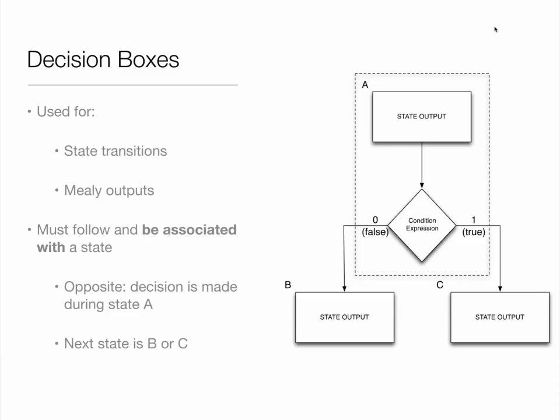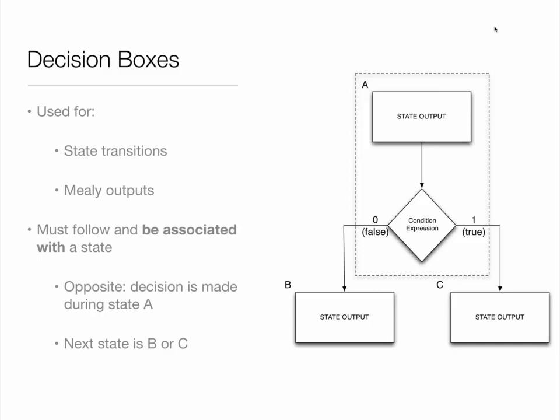So if we look at this one, we're in state A, that's the box at the top. Then we're testing some condition. It's usually signal inputs. If that input is a 1, the next state will be C.